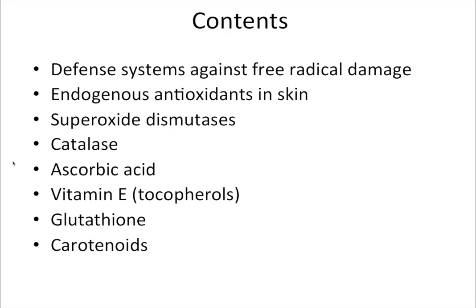So usually when we talk about antioxidants in the skin, we talk about small molecule antioxidants, and those are things like ascorbic acid, vitamin E, which tocopherols fall into this class of vitamin E. Glutathione would be another small molecule, and also the carotenoids. In addition to that, we'll also talk about the enzymatic antioxidants that are present in skin. Two of the principal ones that we really want to be concerned with are superoxide dismutases and also catalase.